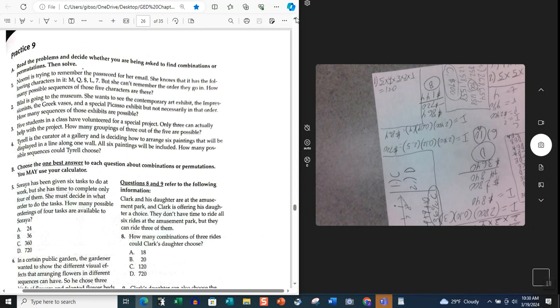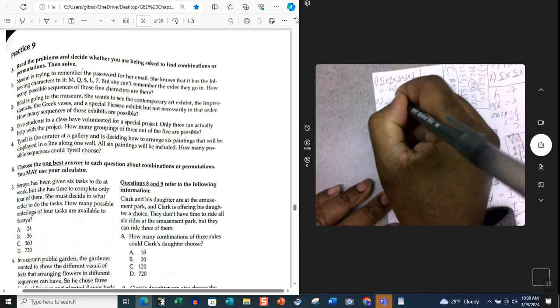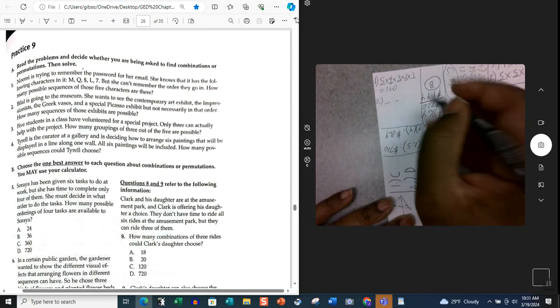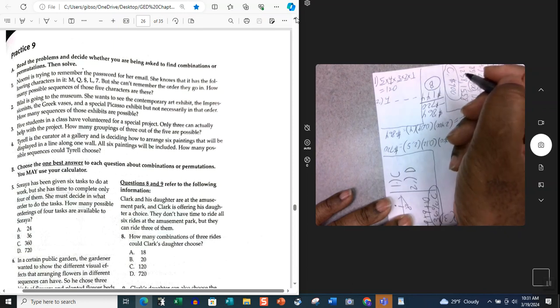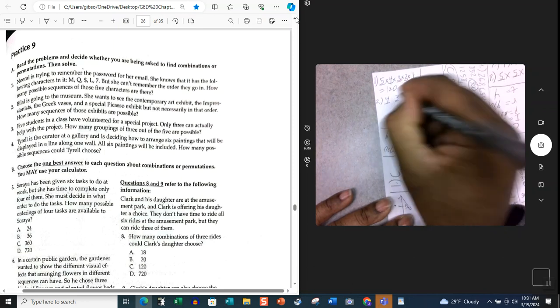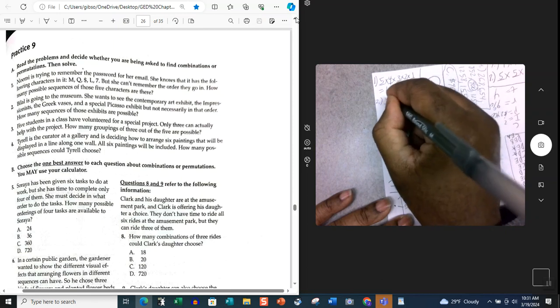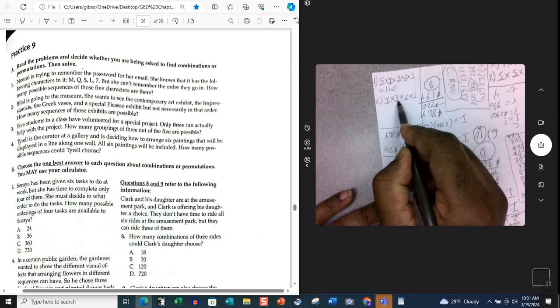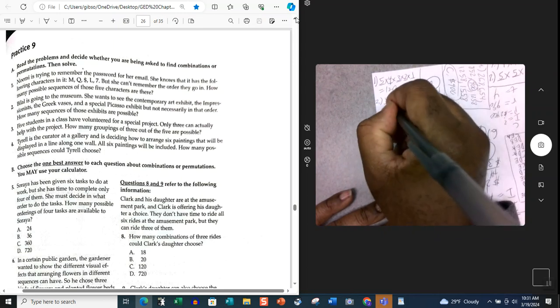So basically, with number 2, we're looking at how many of those sequences are possible. So she has 4 different possibilities. She could choose between 4 for the first, 3 for the second, 2 for the third, and 1 for the last. So we will multiply all of these values together. 4 times 3 is 12, times 2 is 24, times 1 is 24.